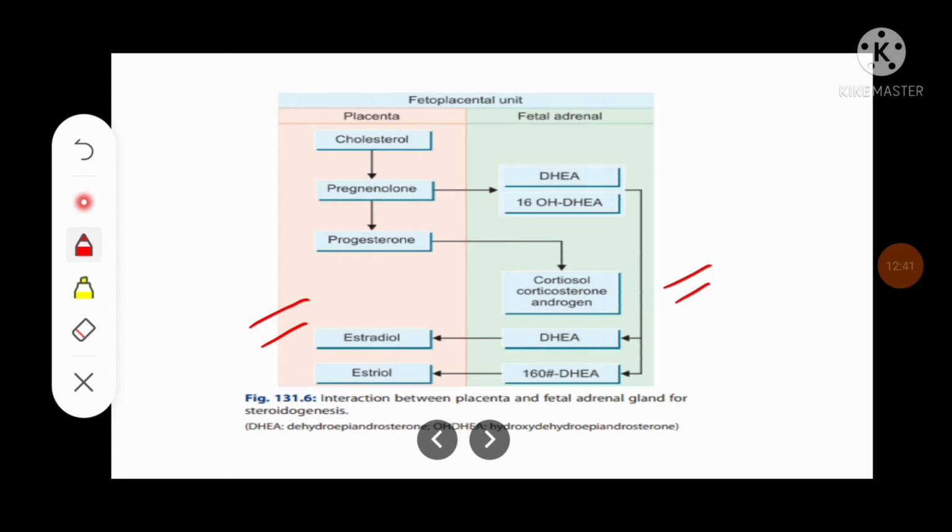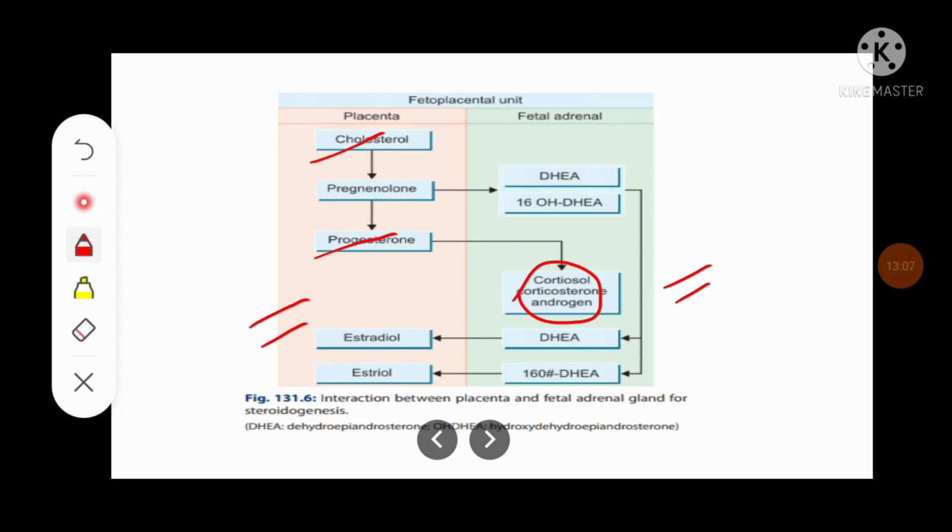The placenta produces cholesterol and progesterone, and progesterone is transferred from the placenta to the fetal blood, where it gets converted into cortisol and corticosterone and androgens, which are required for the fetus.